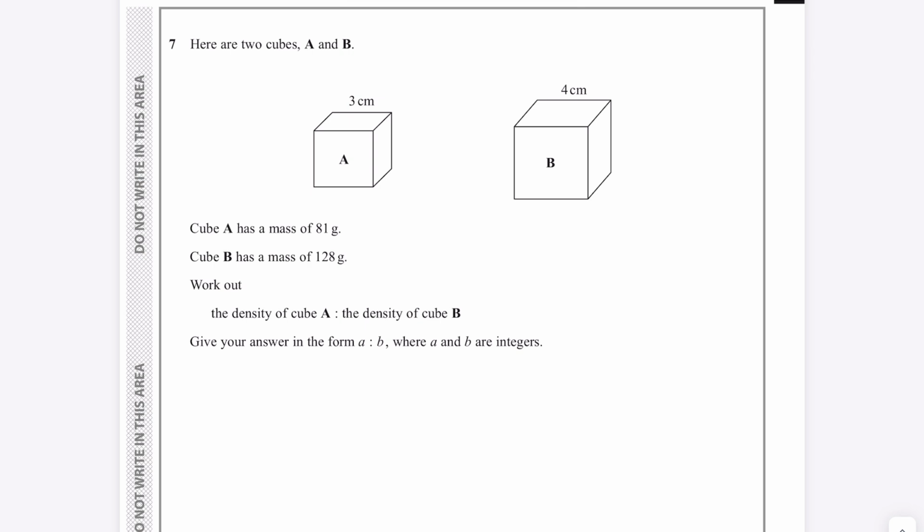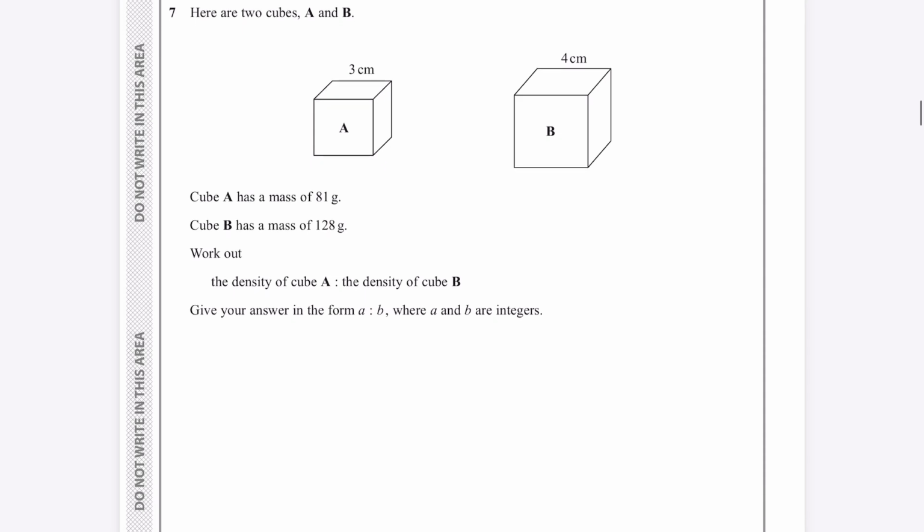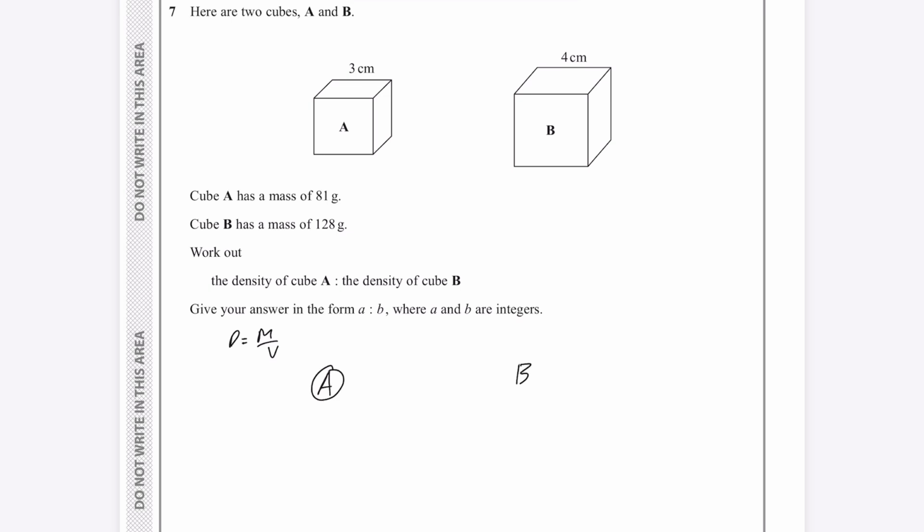Question 7, so we have cube A of mass 81 grams, cube B of mass 128 grams. The question's asking us to find the density. Now, remember with density, the formula is density is equal to mass over volume. So if I split this into looking at A and looking at B, if I just draw a line straight down, we have A, the mass is given as 81, the volume.